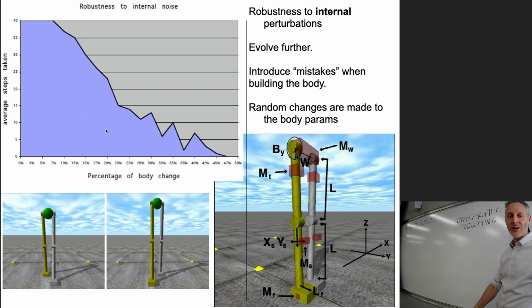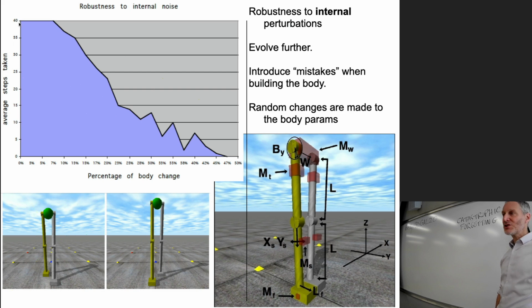had a population of walking machines that could be built with manufacturing errors and still walk. So here we go. On the horizontal axis here, might be difficult to see, this is the percent error in manufacture, the percentage of the body change as a result of manufacturing error. Here's 0% at the left here.